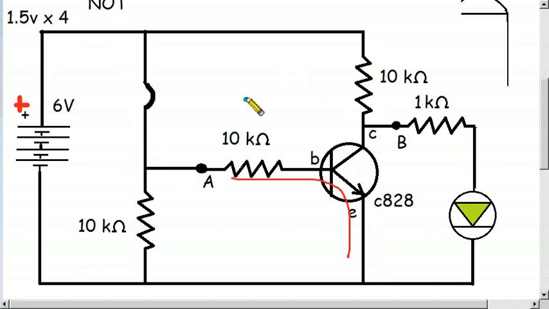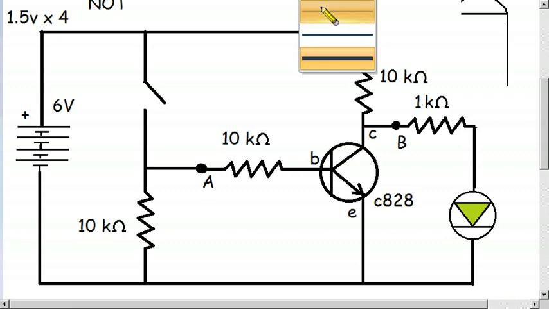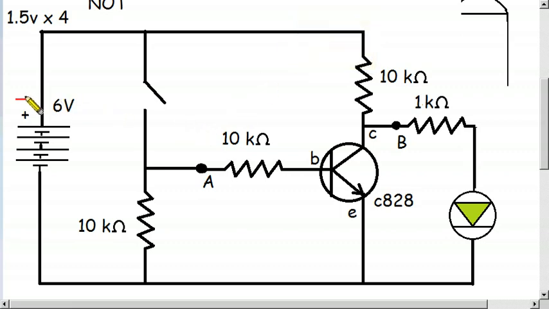And then if you switch off this switch, what happens? This terminal doesn't get any positive current because the line is open here.